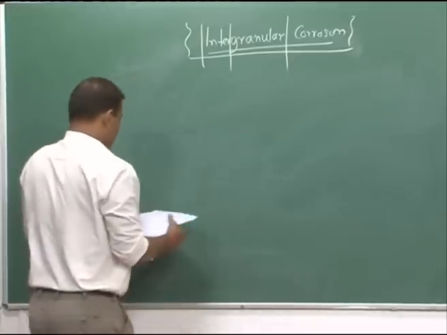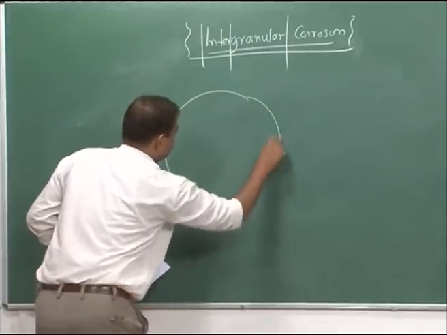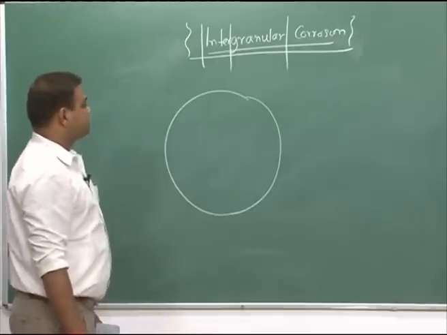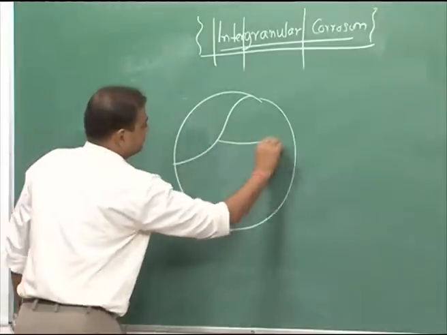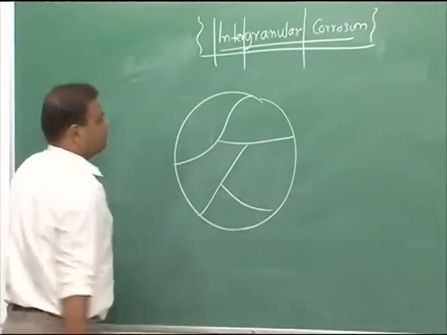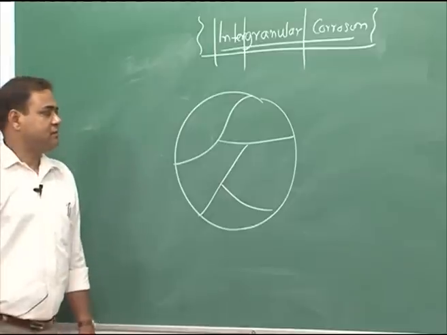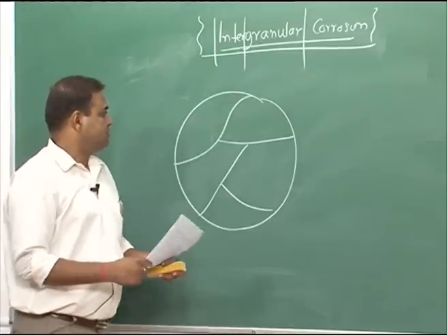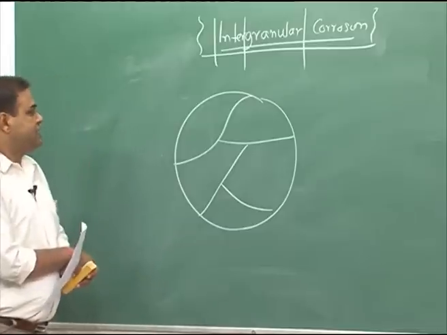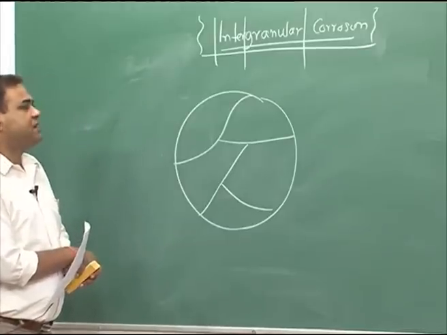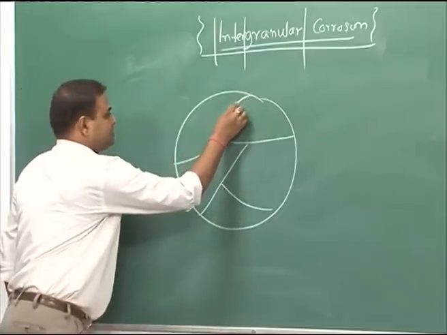Now, if we see a polycrystalline microstructure, we have different grain boundaries, and let us say it is being etched by a chemical. When it is being etched by a chemical, the first place where the attack would happen is basically the grain boundary zone.